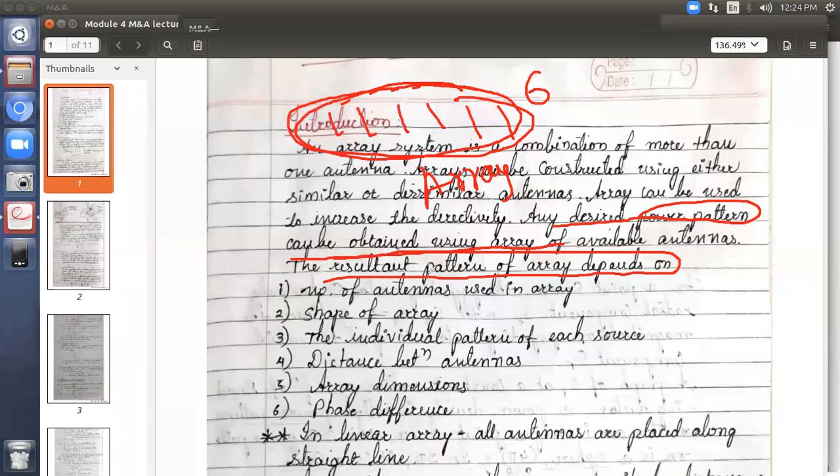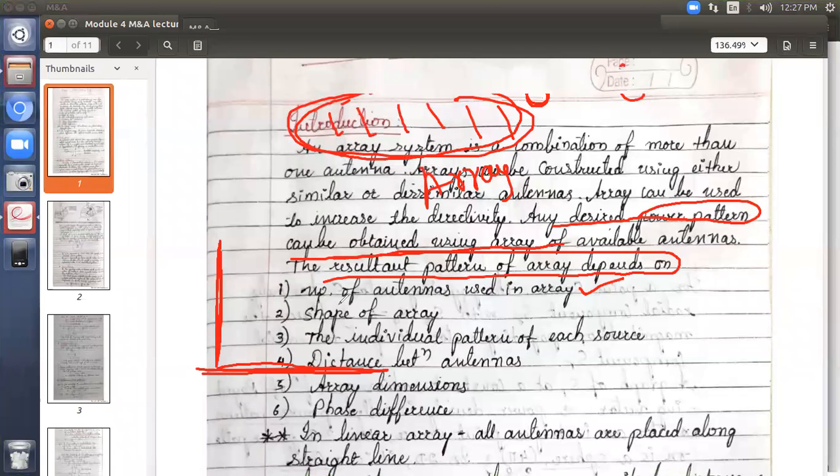So the resultant pattern, it depends on, first of all, number of array antennas used. So हम यहाँ पर 6 use कर रहे हैं, 7, 8, whatever. So how many number of antennas you are using in an array, it matters a lot. Then second thing, shape of the array, how you are preferring the shape of the array system to be.